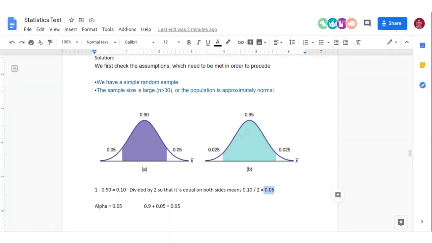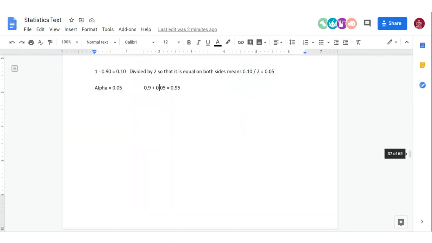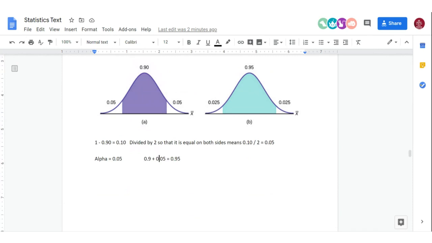But anyway, if we look up 0.05 or 0.95, which is 0.9 plus the 0.05 over here, then we're going to get the value we need. So let's take a look at the calculator, and then we'll look at the table. I've got a table here somewhere.